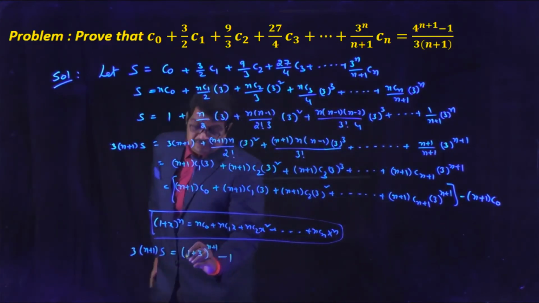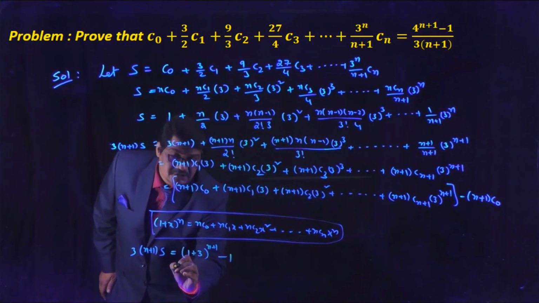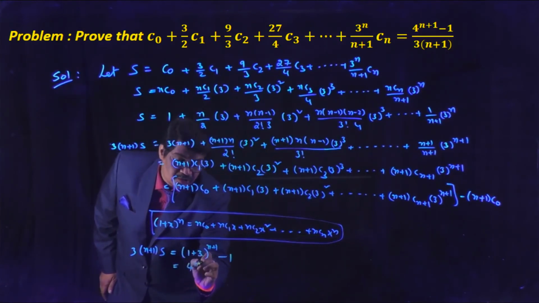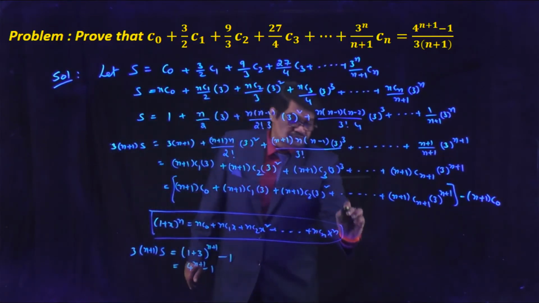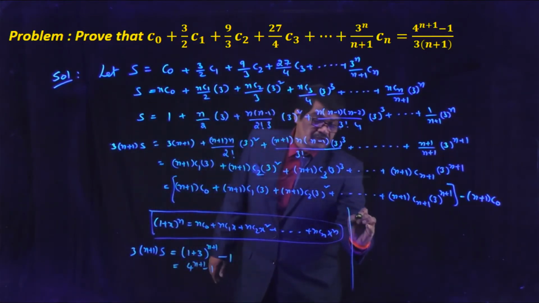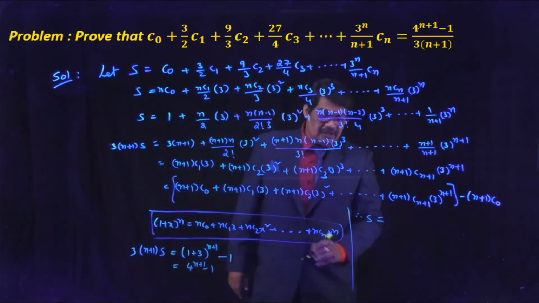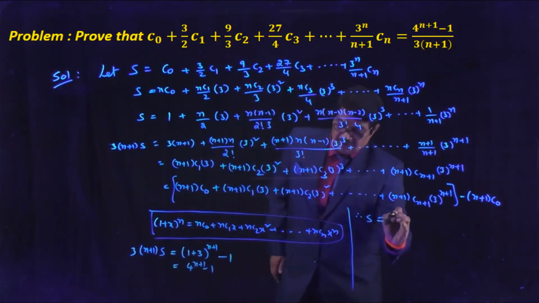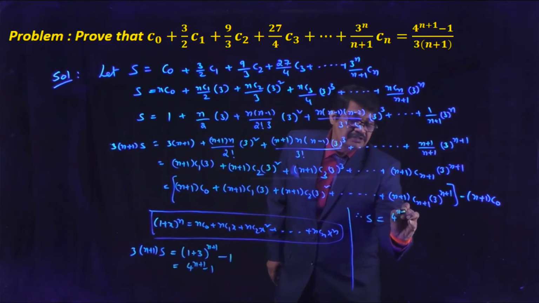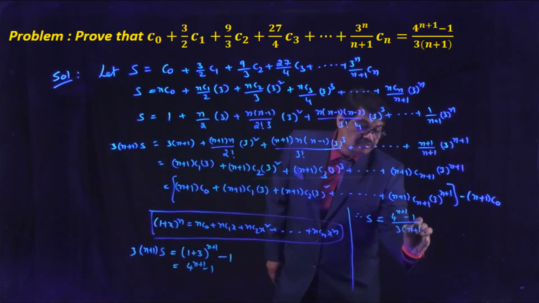Now that is equal to 4 to the power of n plus 1 minus 1. Therefore s is equal to, moving 3 into n plus 1 to the RHS, 4 to the power of n plus 1 minus 1 by 3 into n plus 1.